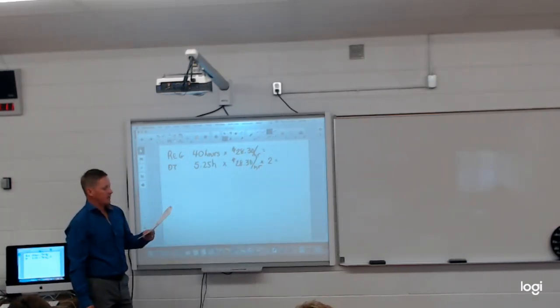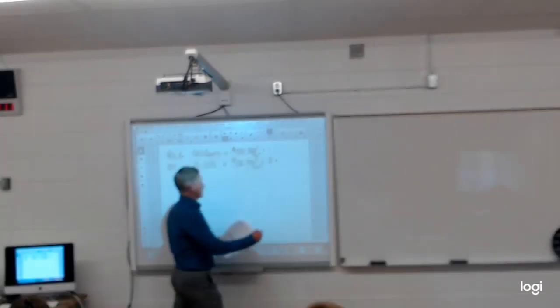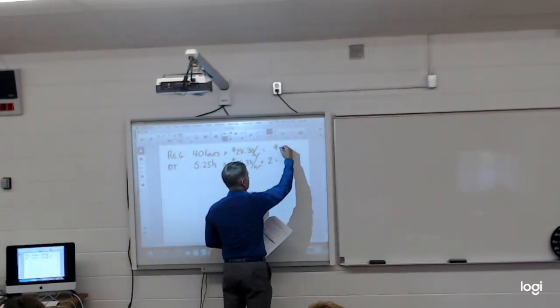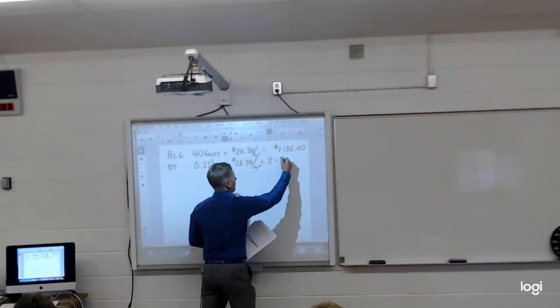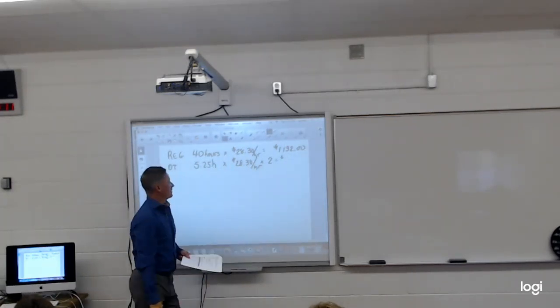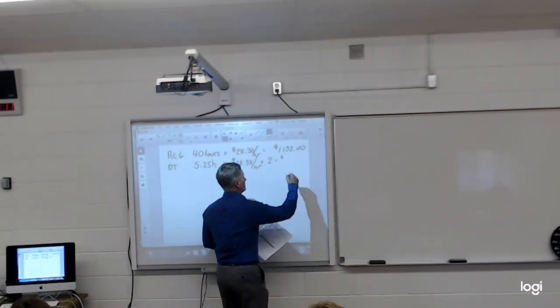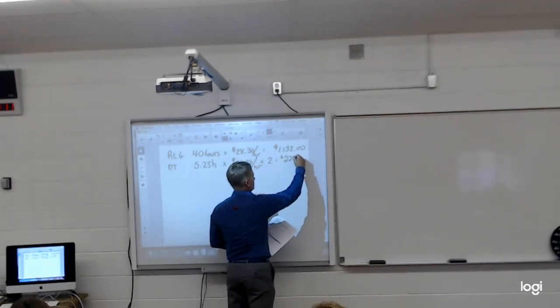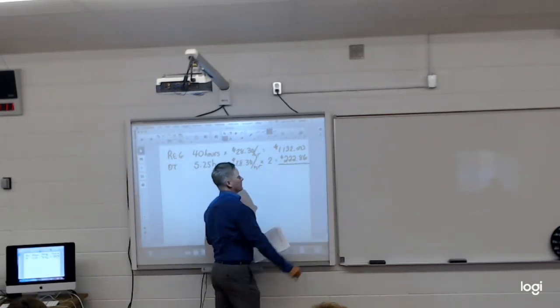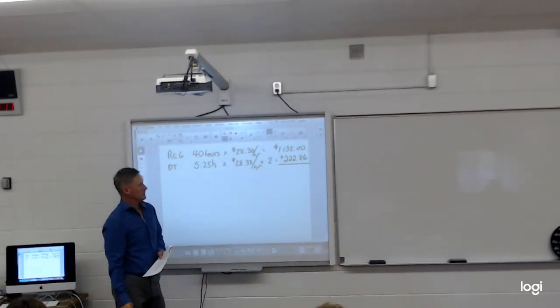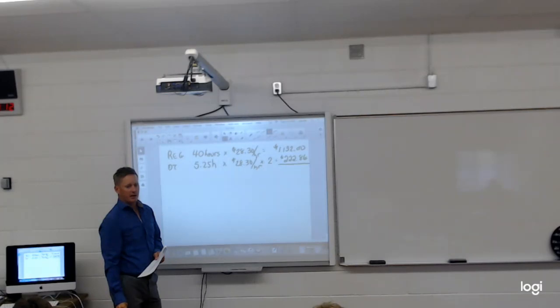Okay, 40 by 28.30 is? 1,132. $1,132. Okay, and 5.25 by 28.30 by 2. 222.86. Well, I rounded it, but. Okay, well, as long as it's to the nearest cent and rounded correctly, that's what we need.